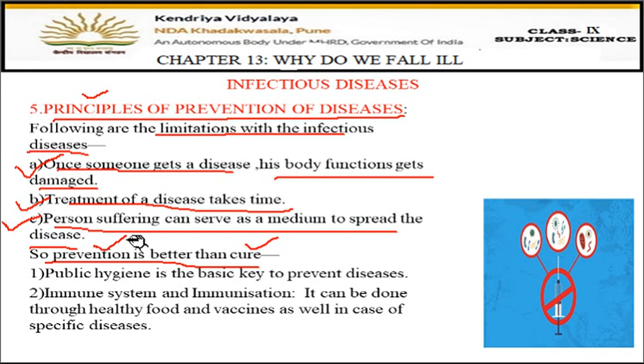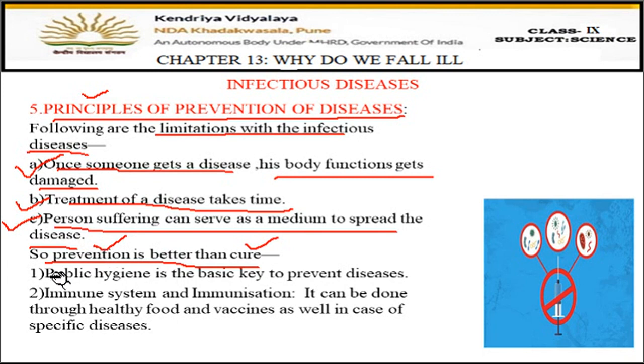It is very important to prevent. Prevention means that you are protecting yourself from the disease, and prevention can be done before the disease starts. Once you get the disease, the only thing possible is to cure, to treat it. So the disease should not enter the body, so always take preventive measures.